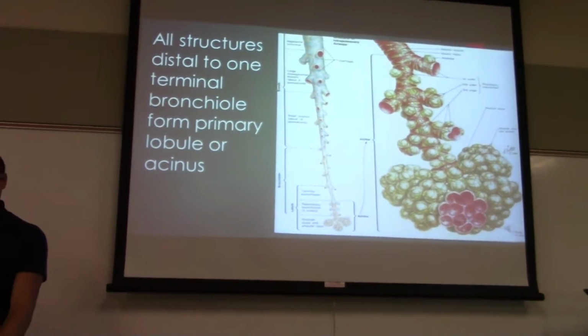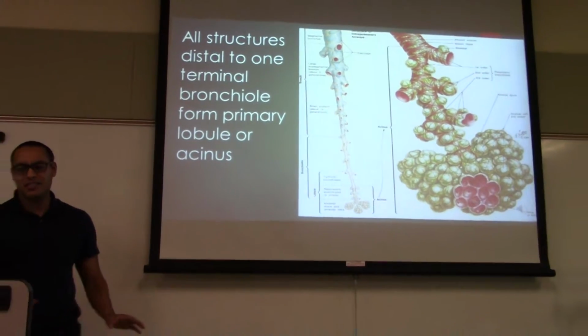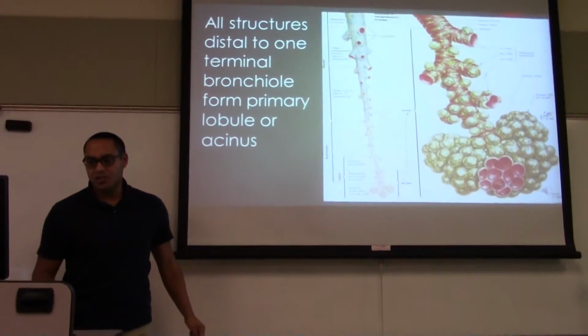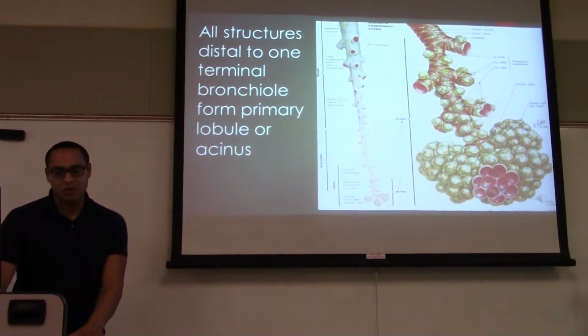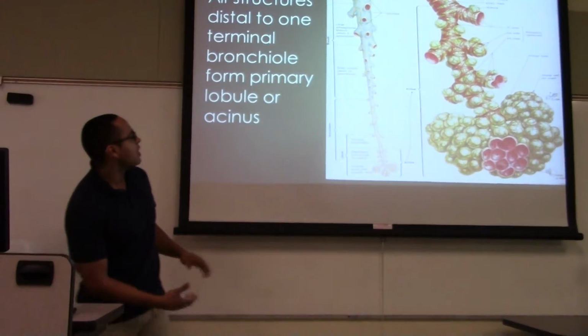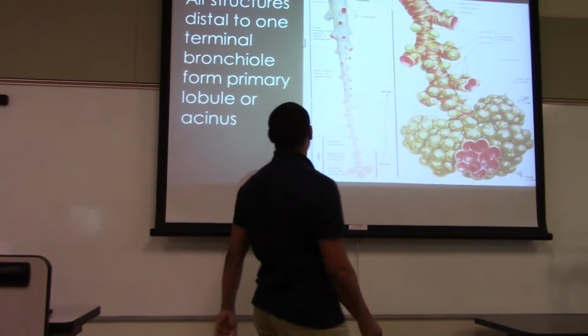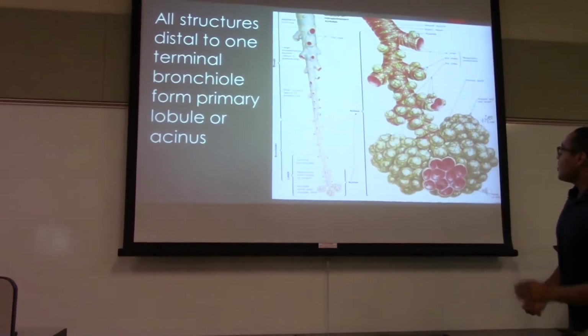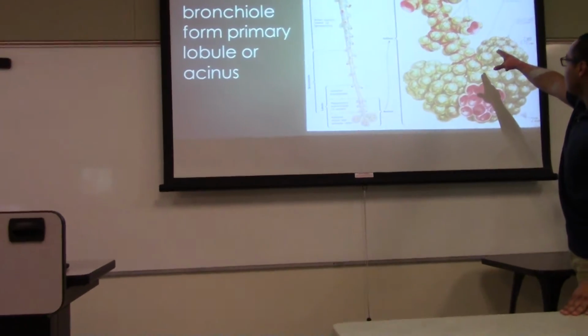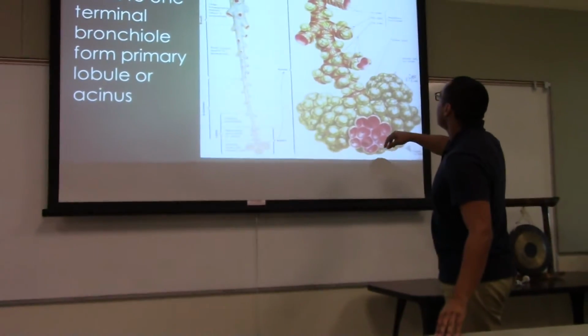Okay, before we get to the bottoms of the lung, it's good to know that all structures distal to the terminal bronchioles form the primary lobule, also called the acinus. So you'll see, let me see here.